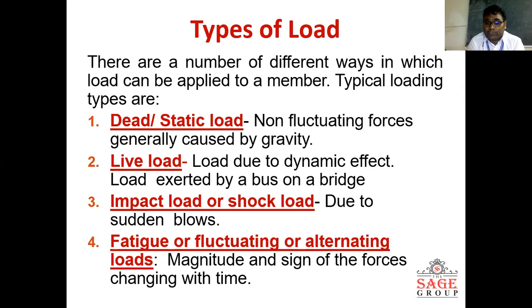Suppose a rotor has a pulley, a sprocket, or other arrangements mounted on it, and it is rotating at 200 rpm. While it is moving, the magnitude and sign of the force change with time. That kind of load is called fatigue or fluctuating load.